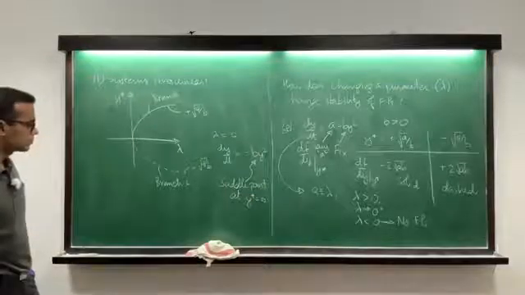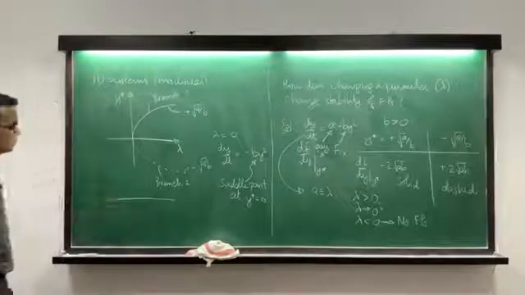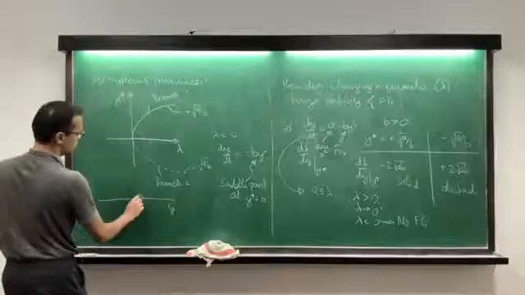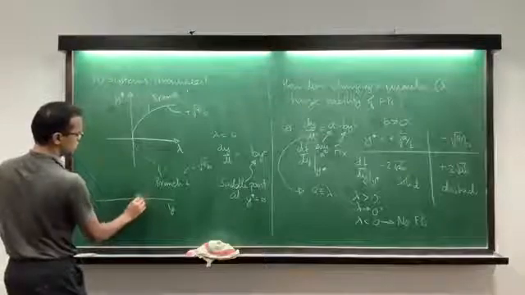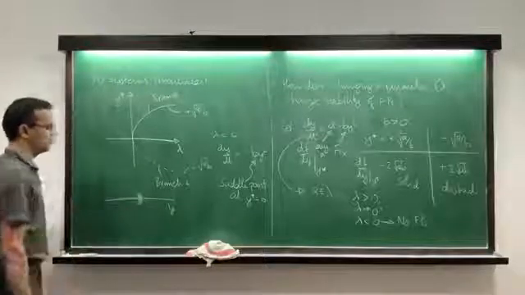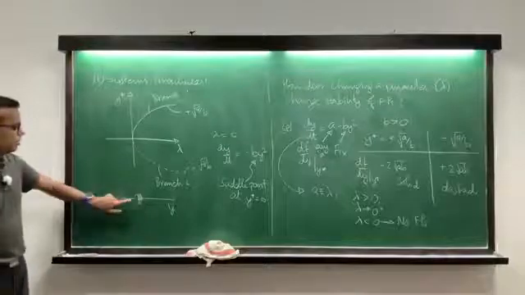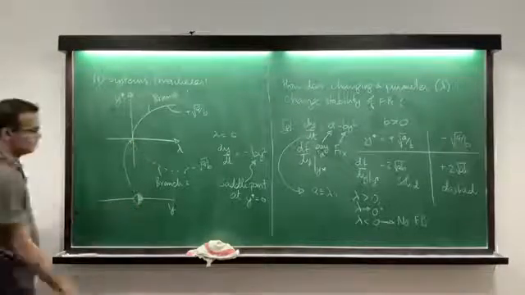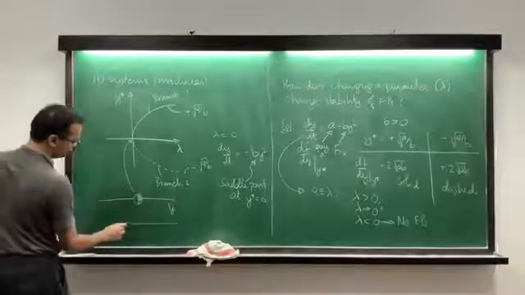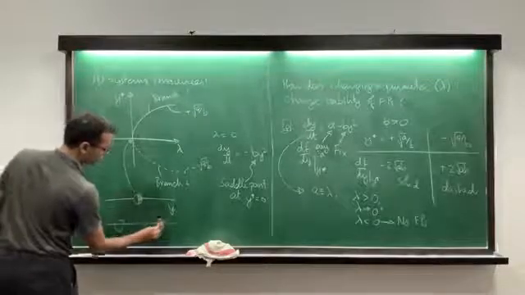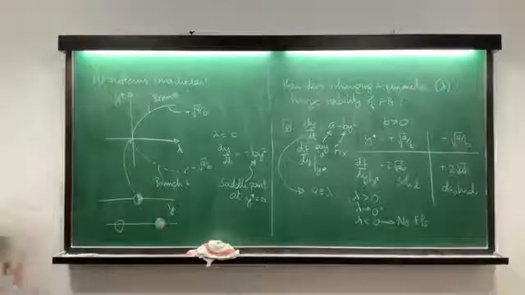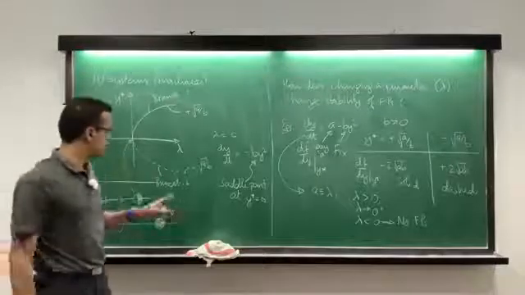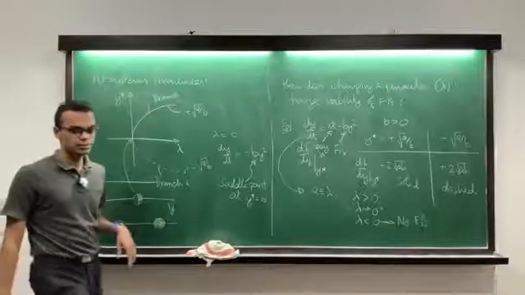If you draw the phase space, this is the y line, and this is what we had, right? So this corresponds to lambda equals 0. When lambda is positive, you have these two fixed points. And when lambda is negative, you have nothing. You just have phase space with no fixed points at all, so if you start a trajectory here, it will go to infinity.